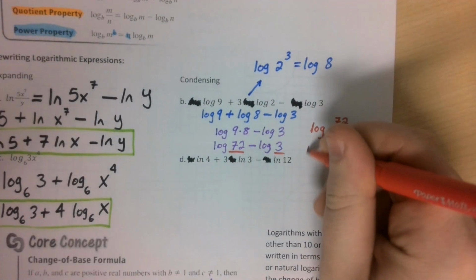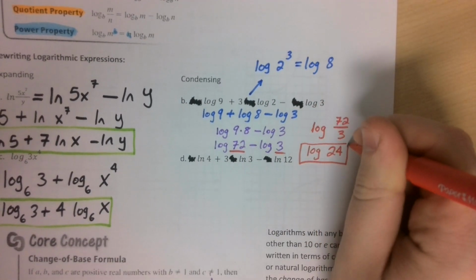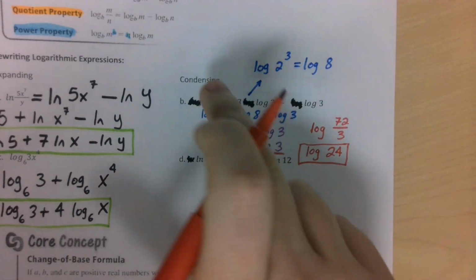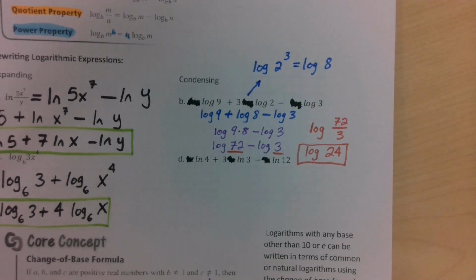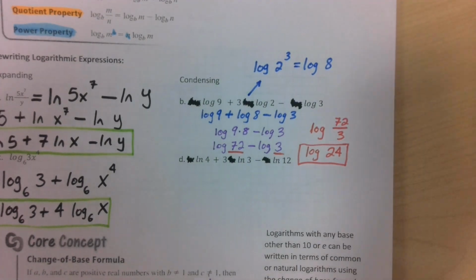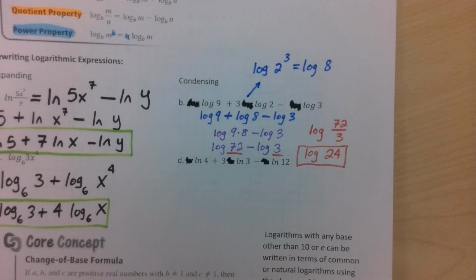I certainly think it is. 72 divided by 3 gives us 24. So this long written sentence, log of 9 plus 3 log of 2 minus log of 3, is the same as log of 24. I'd like you to pause the video here and try to see if you can do D on your own. It's very similar to B.